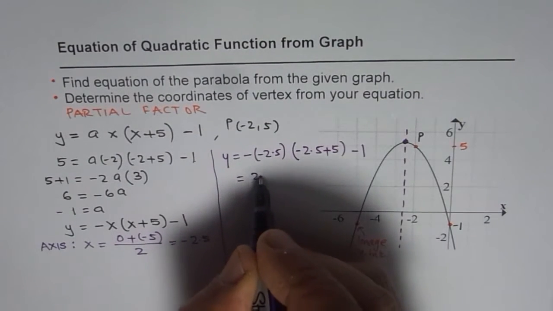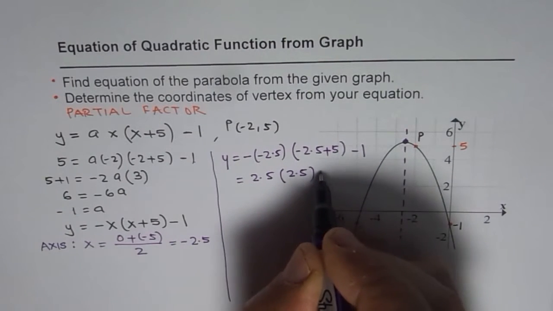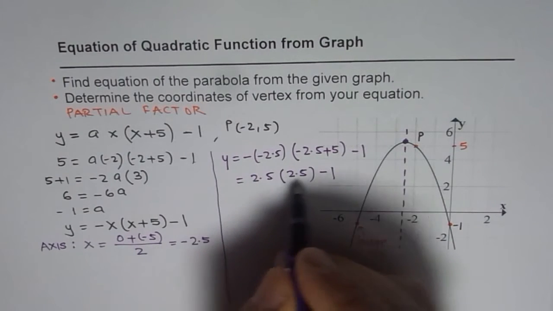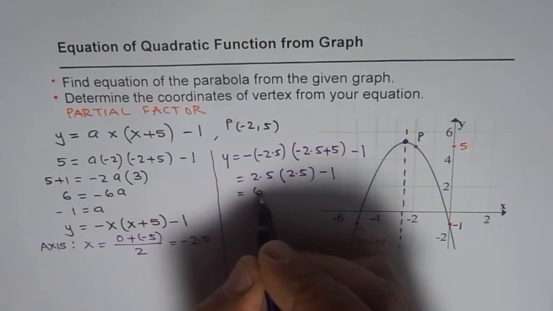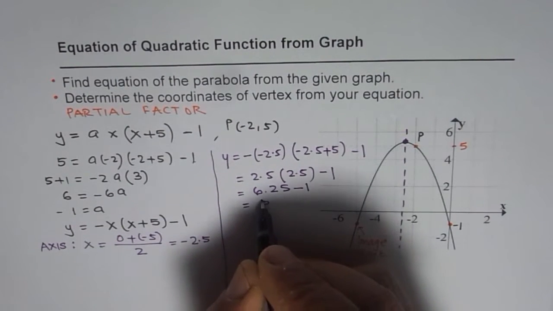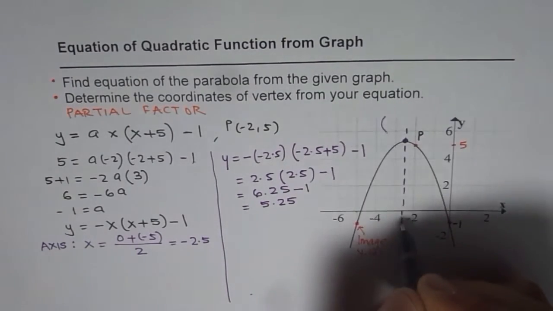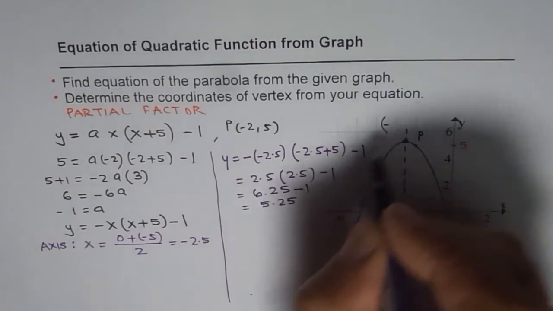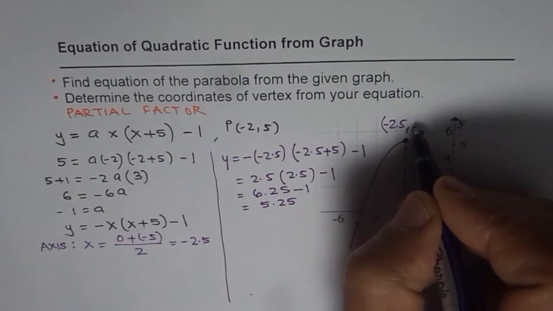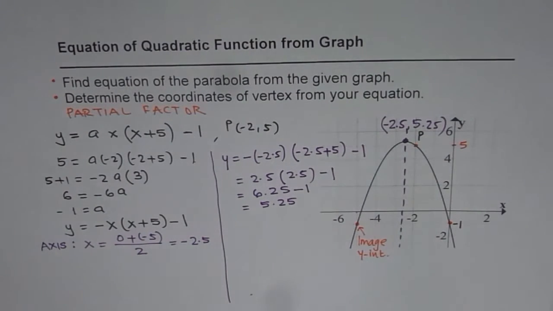That gives us 2.5 times 2.5 minus 1. 2.5 times 2.5 is 6.25, then 6.25 minus 1 gives you 5.25 as your maximum. So this point here will be at x equals -2.5 and the y value is 5.25. That is how you can find the vertex.